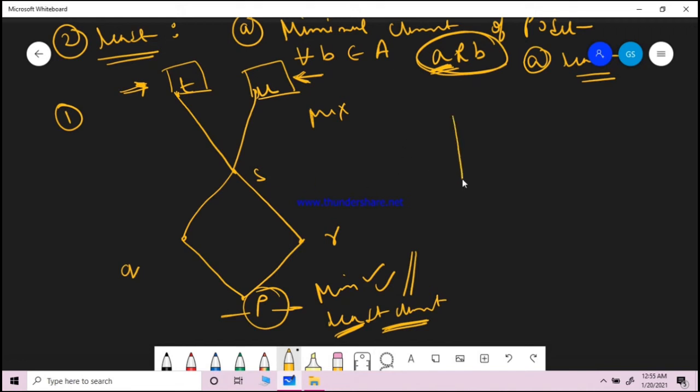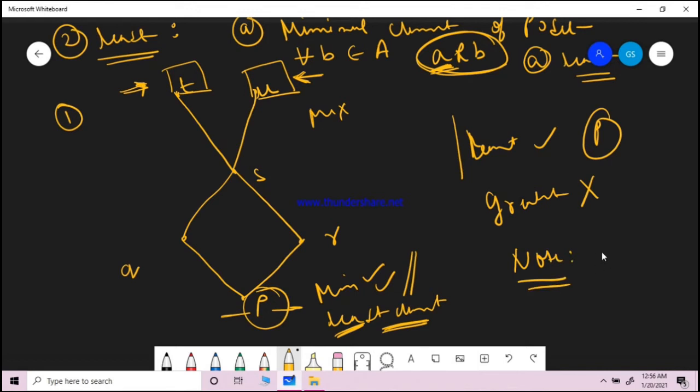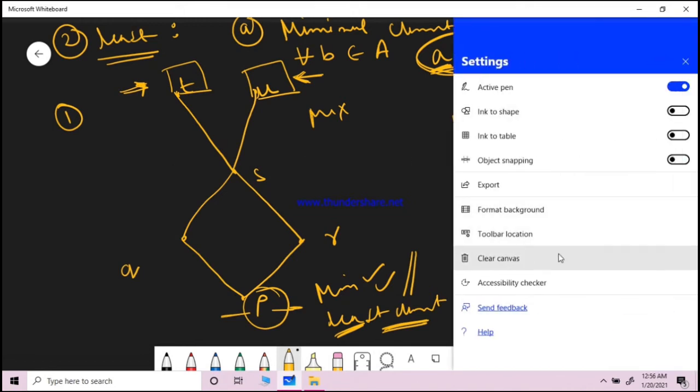So in this diagram, we have a least element, yes, that is P, but we don't have any greatest. No greatest element. So simply the note is, if you have more than one maximal or more than one minimal, you cannot find the greatest and least. You must have only one maximal and one minimal, then only you can find the greatest and least element.